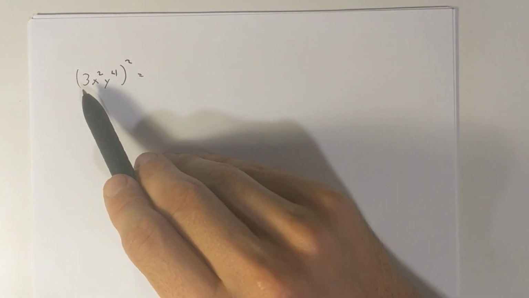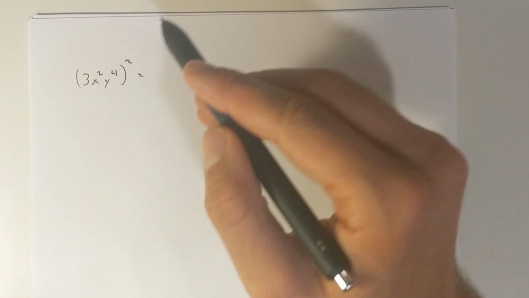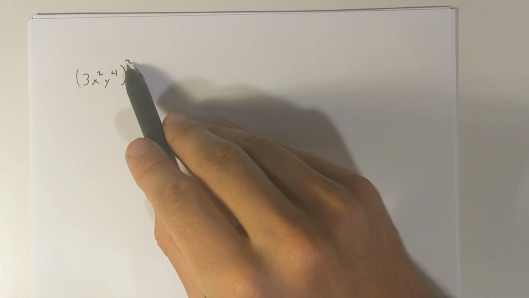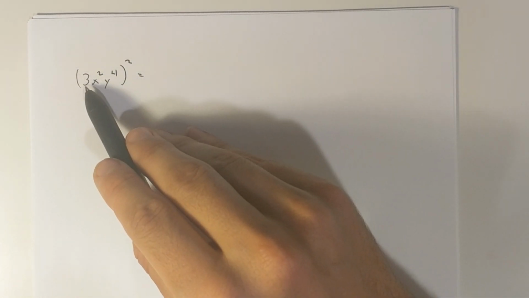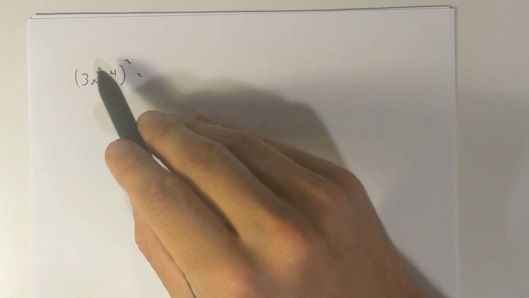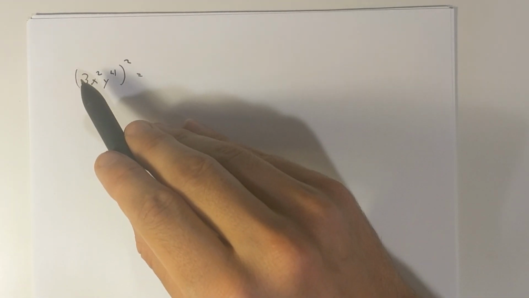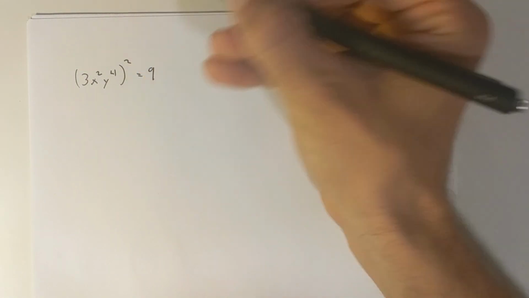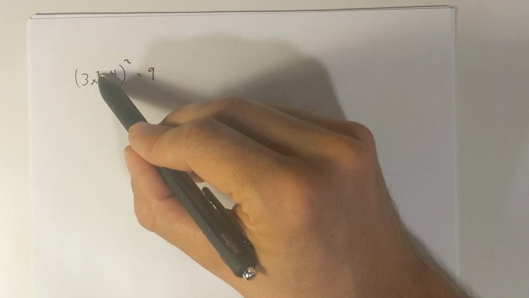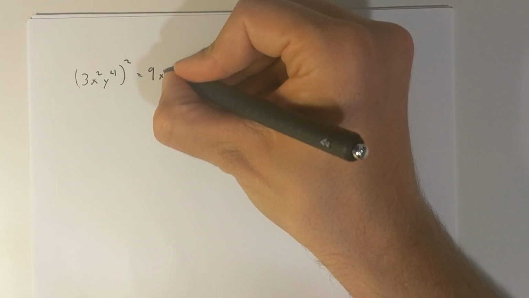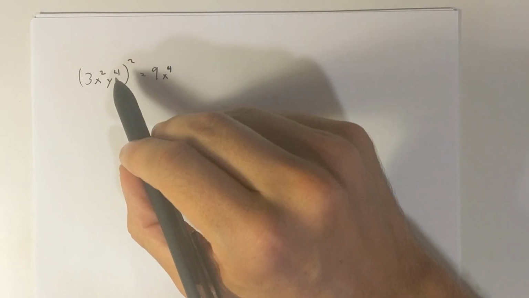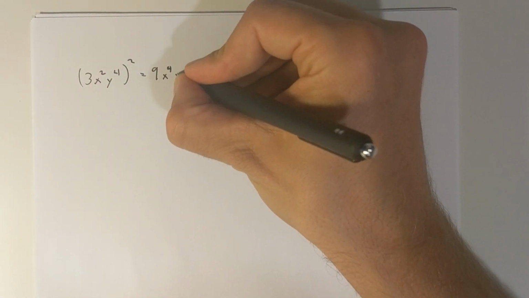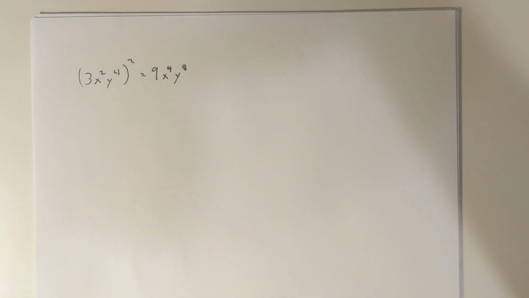Basically, if you have an exponent outside of parentheses and everything inside is a multiplication, you can distribute that square to everything. So 3 squared is 9. x squared squared is 2 times 2, which is 4, so it's x to the fourth. And y to the fourth to the second is y to the eighth. So we got 9x to the fourth y to the eighth.